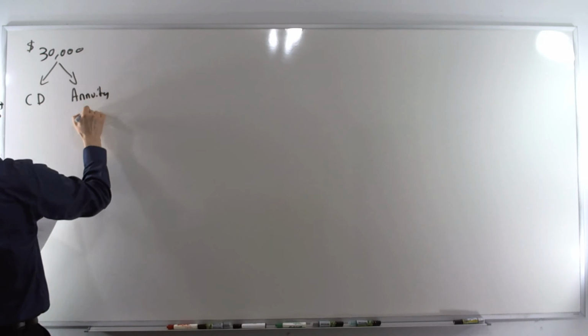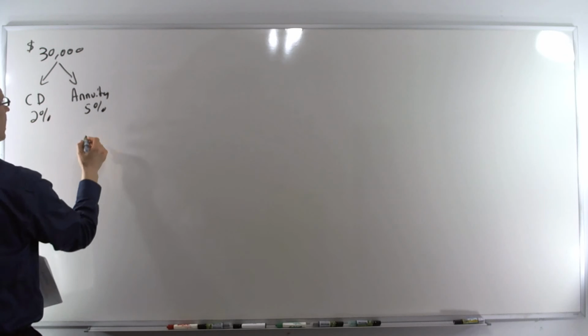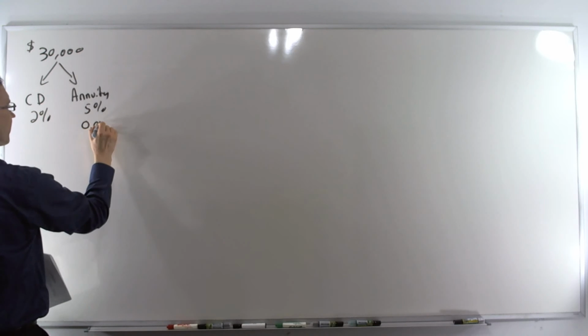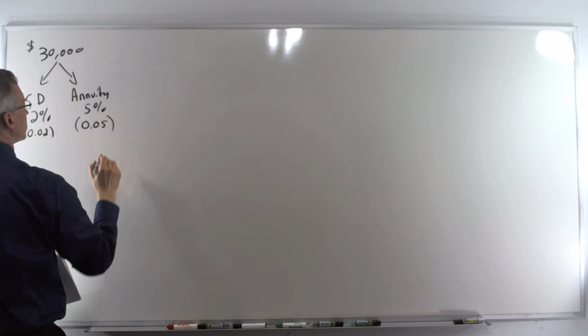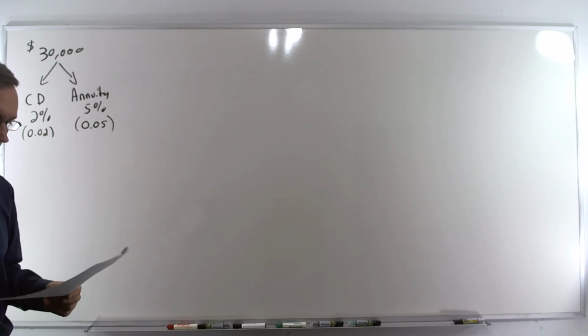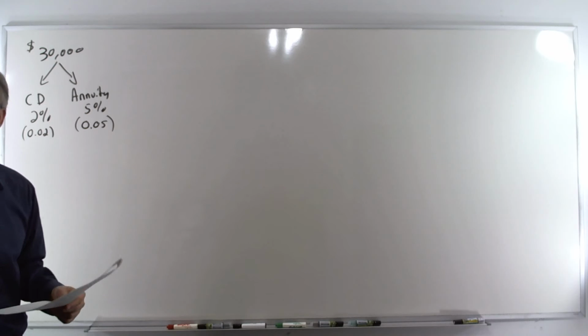The annuity pays 5%, and the CD pays 2%. When we include those in the equations, we're going to write them as decimals, so it'll be 0.05, and this will be 0.02. Now we're given the total annual income is $1,140.